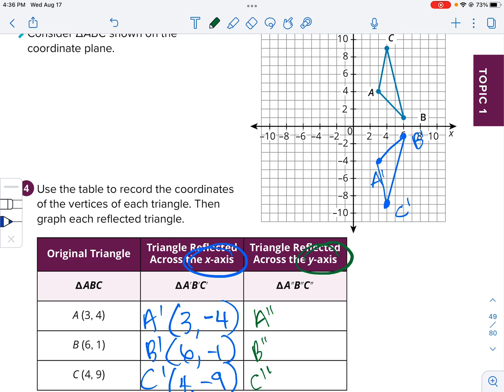It's the y-axis. So the x takes the opposite, the y stays the same. So -3, 4. A double prime. 6, -1. B double prime.